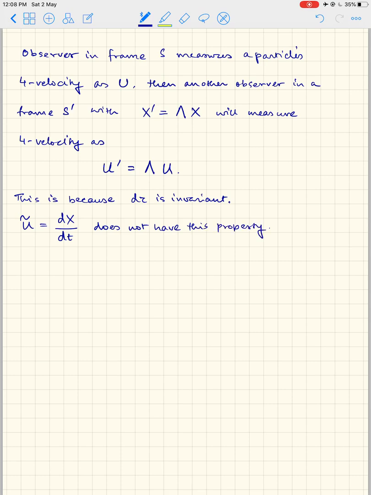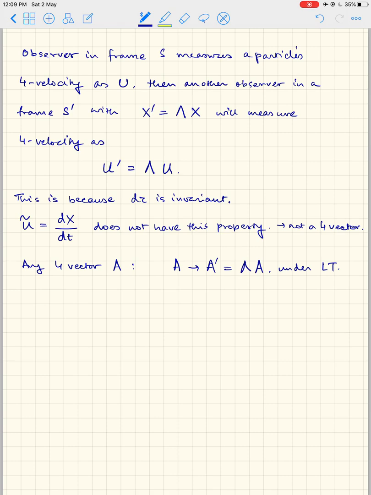So this is not a 4 vector. So any 4 vector A will transform as A goes to A primed equal to lambda times A under Lorentz transformations. All right, so this is a 4 vector.